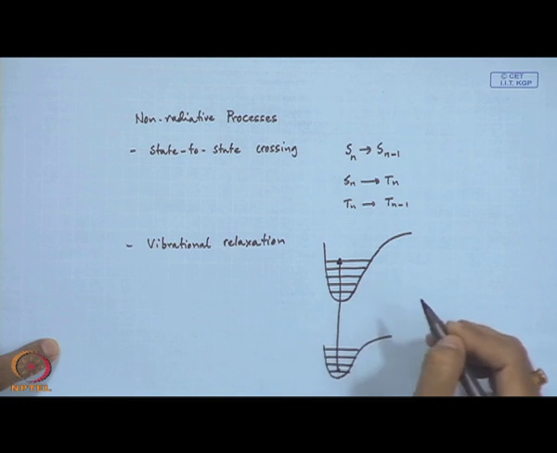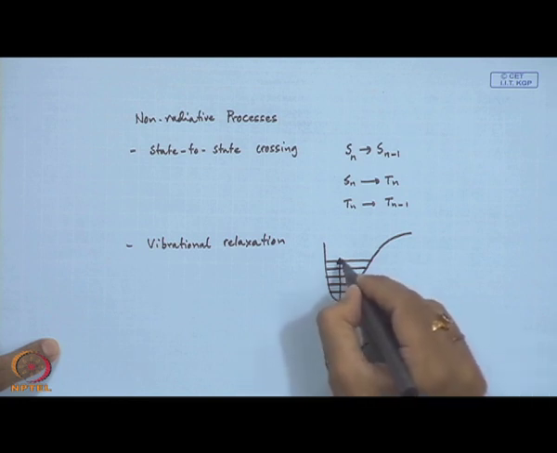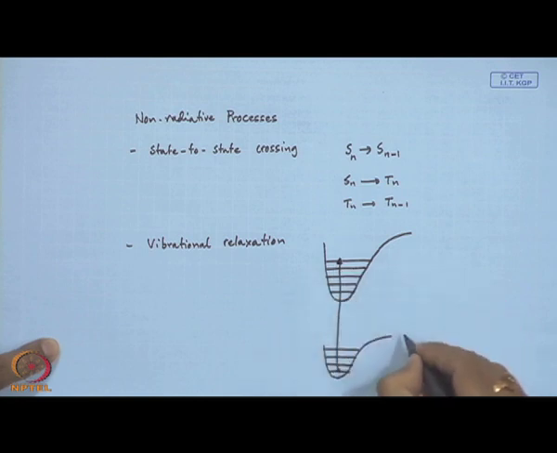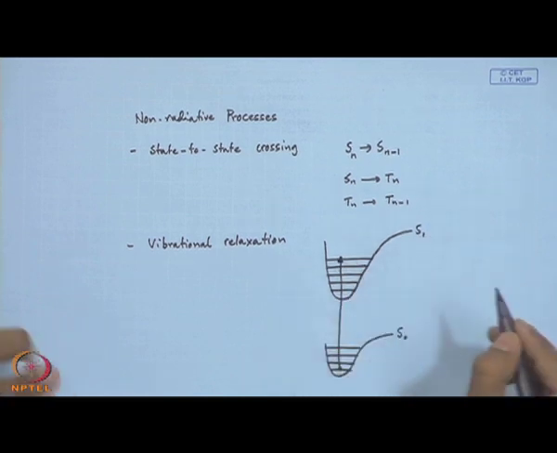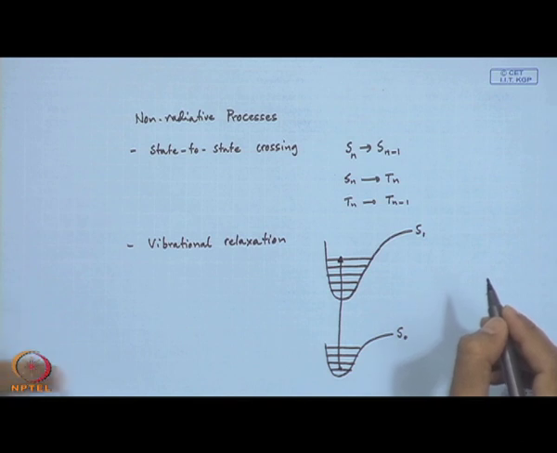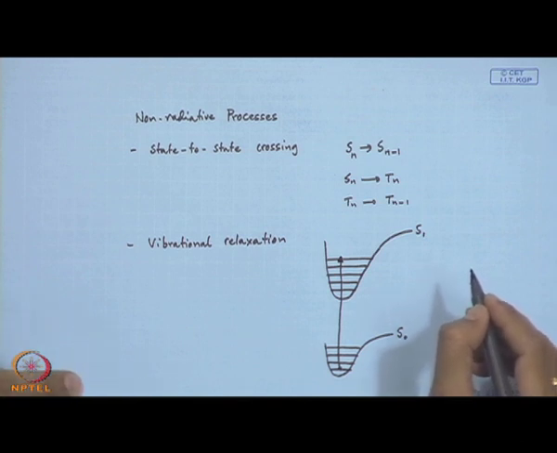So, what will happen? This is a vibrationally excited state of the first electronic excited state. This is your S0, say this is S1, vibrationally excited S1.